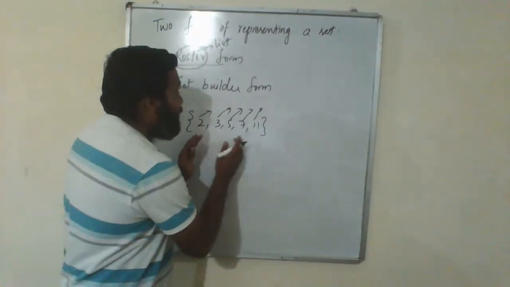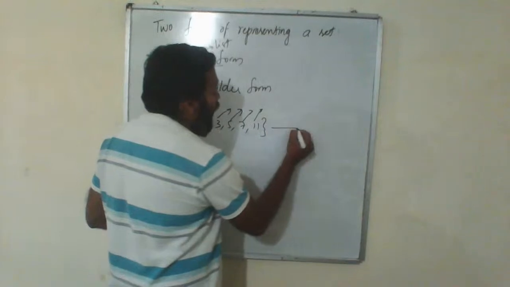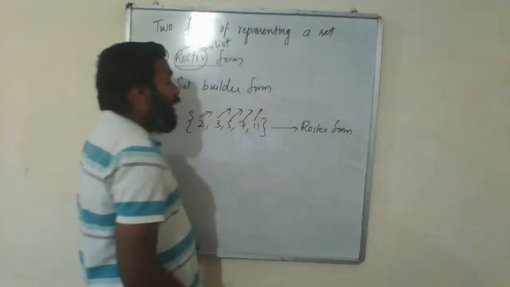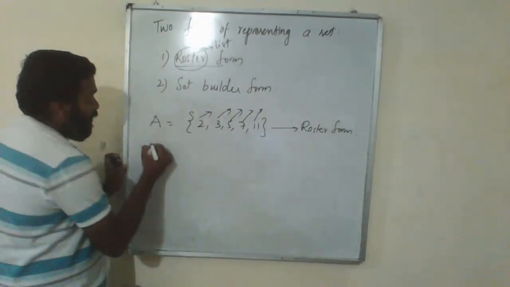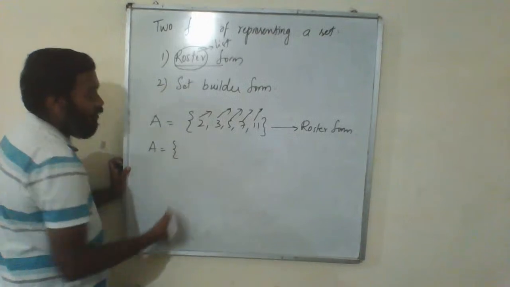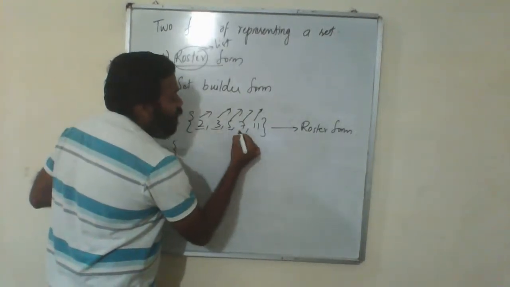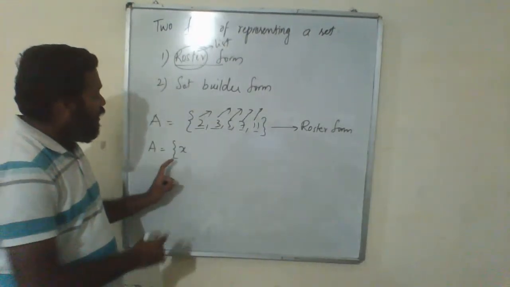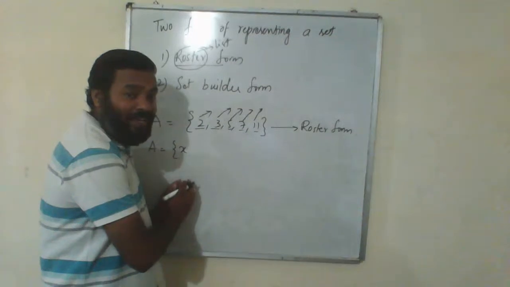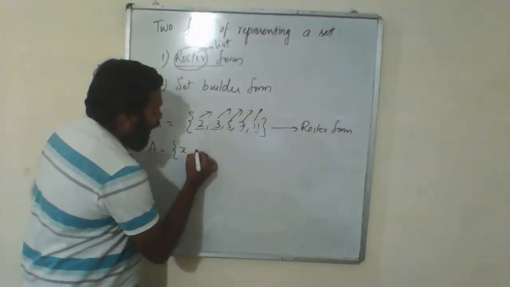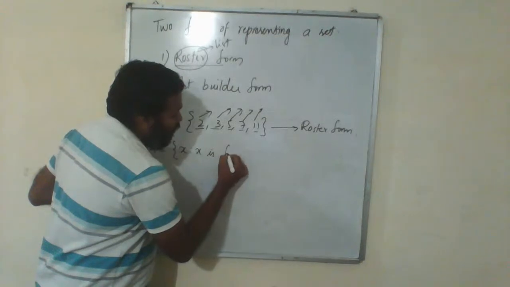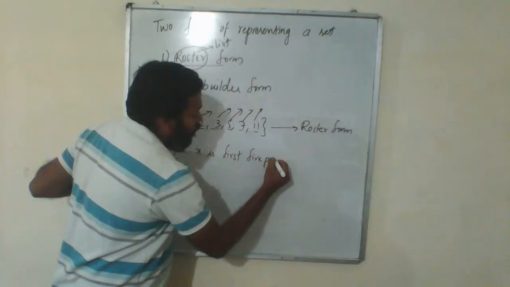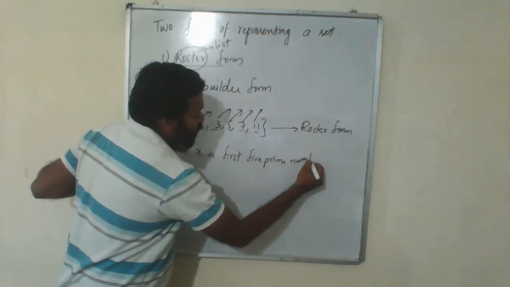If you are writing this list, that form of the set is known as roster form. If you are going for set builder form, this is A. Let us take every element of this as X. That is, A has an element called X such that X is the first 5 prime numbers.